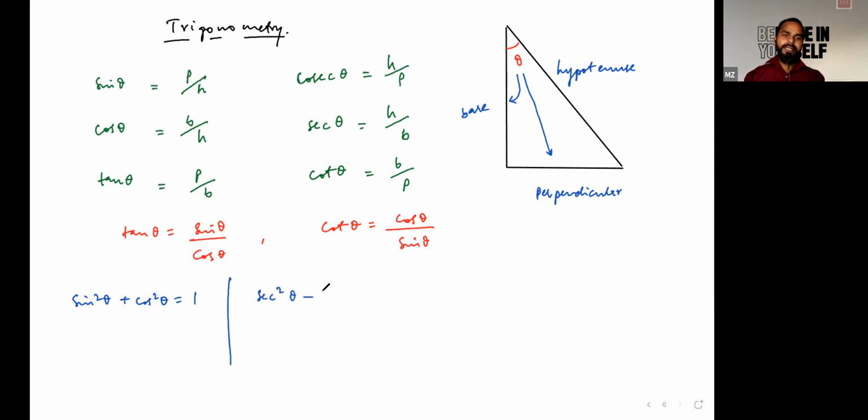Sec square theta minus tan square theta is equal to 1. And cosec square theta minus cot square theta is equal to 1. So this is all which you have learned in your class 10th.